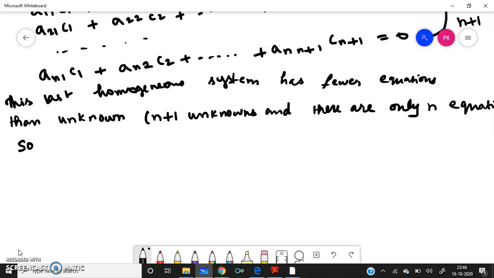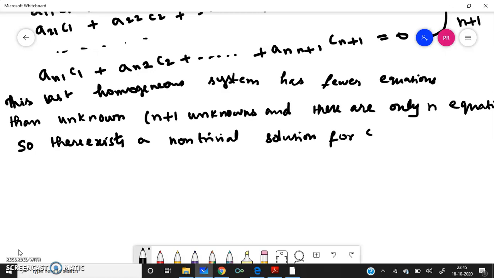So there exists a non-trivial solution for c1, c2 and so on to c(n+1). This means c2, c3 and so on to c(n+1) can be written in terms of c1.